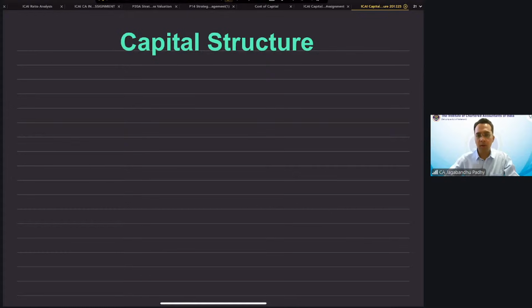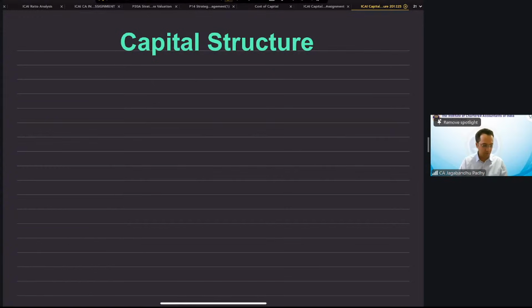So, in the last session, we had completed the cost of capital. Now, it's time for us today to begin with a new topic, which is capital structure, guys.